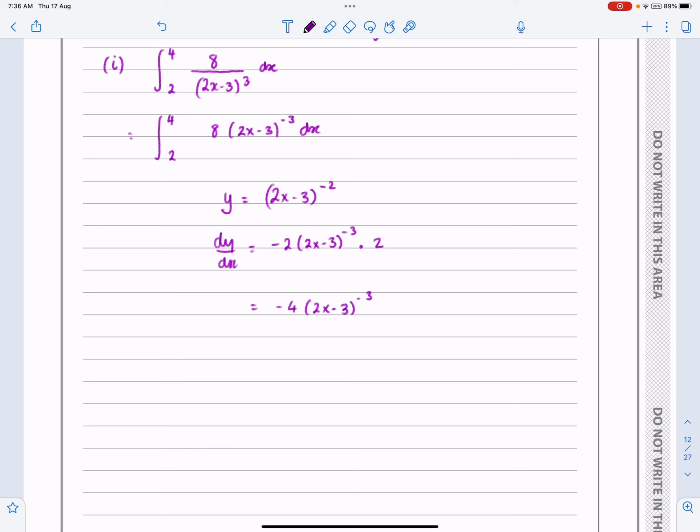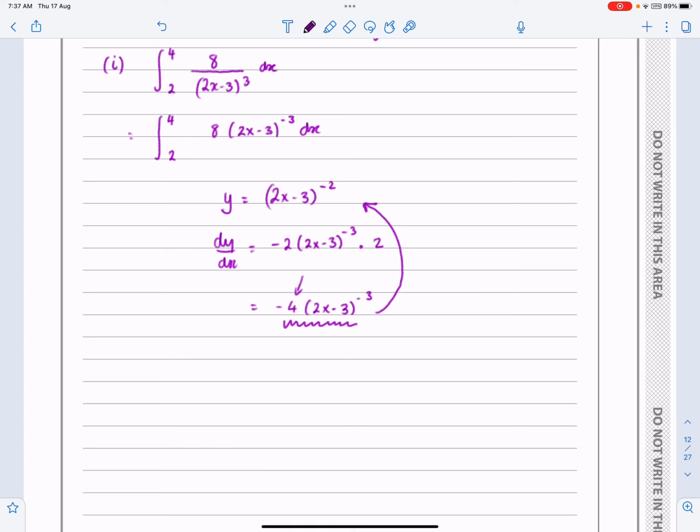But what that's giving me is this, that the integral of minus 4 (2x minus 3) to the minus 3 works out to be (2x minus 3) to the minus 2. Well, I haven't got that at my start.